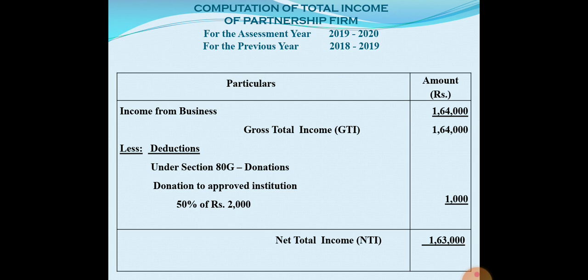In this problem, only one deduction, that is under section 80G, donations. Donation to approved institution is allowed for 50% of the donation, that comes to rupees 1,000. The balance is the taxable income of the partnership firm, or net total income, rupees 1,63,000.